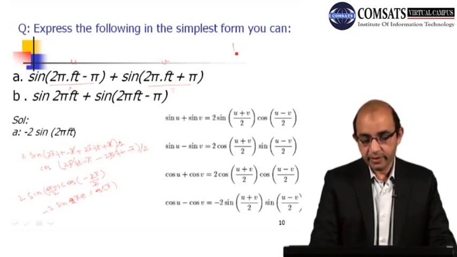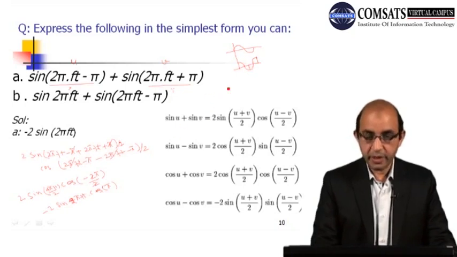If we compare sine and cosine, sine actually starts from 0 and cos starts here. So this is 90 and pi.